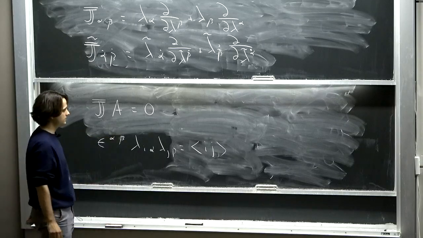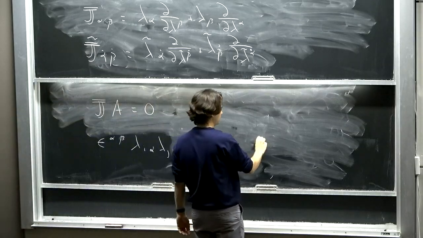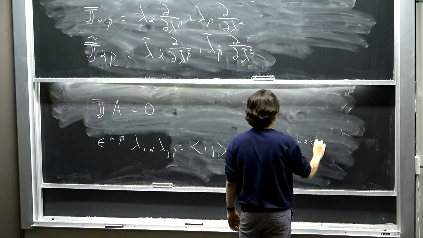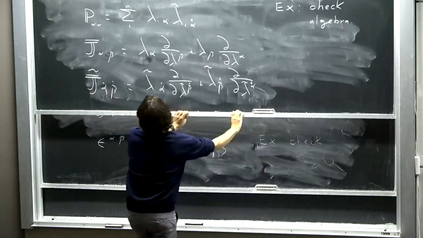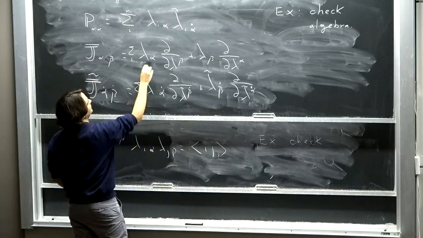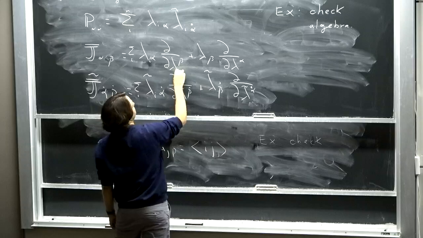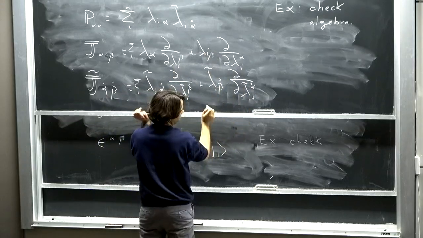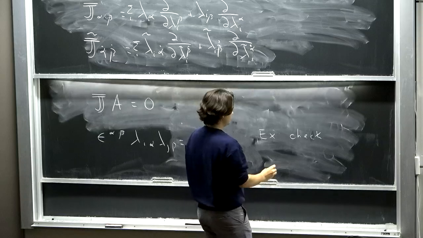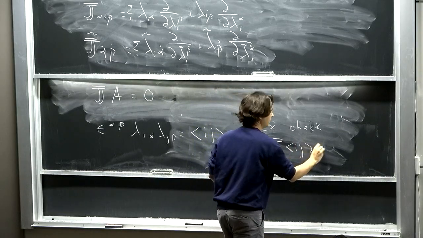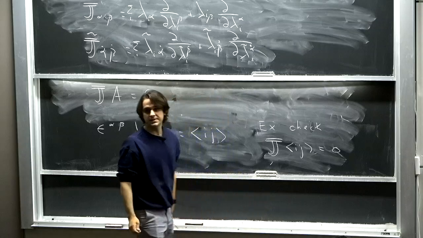And you can check, yeah, but here I forgot that I also need to sum over all particles, of course. So there's a bunch of combinations. Check that this J annihilates each one of these.